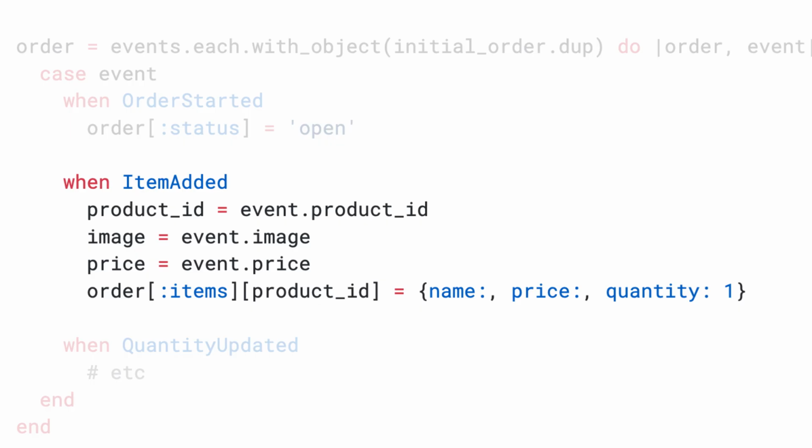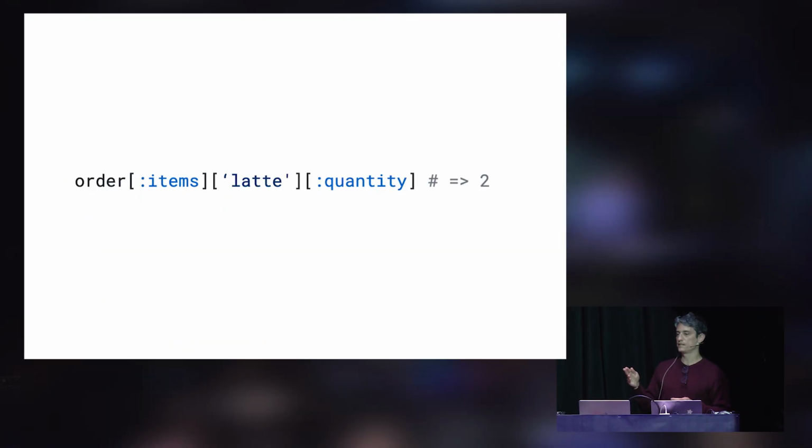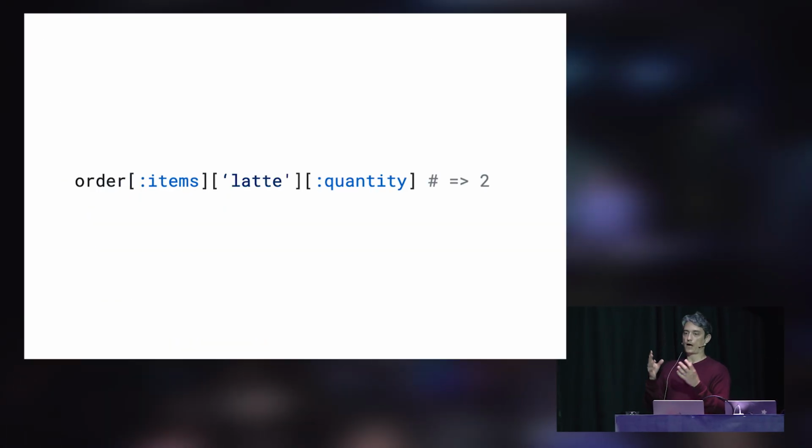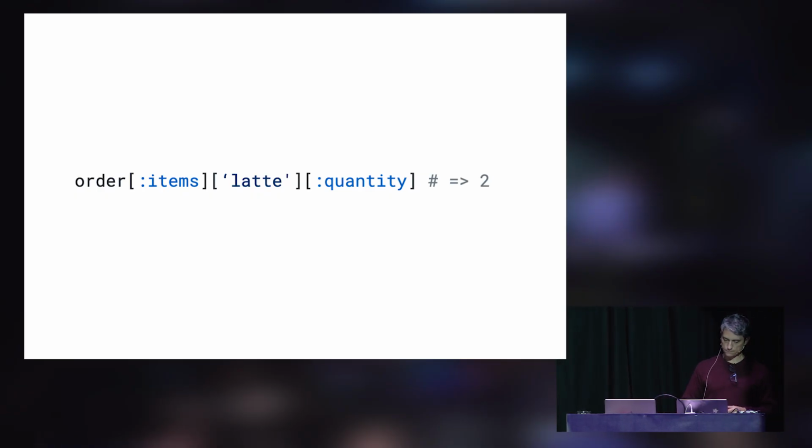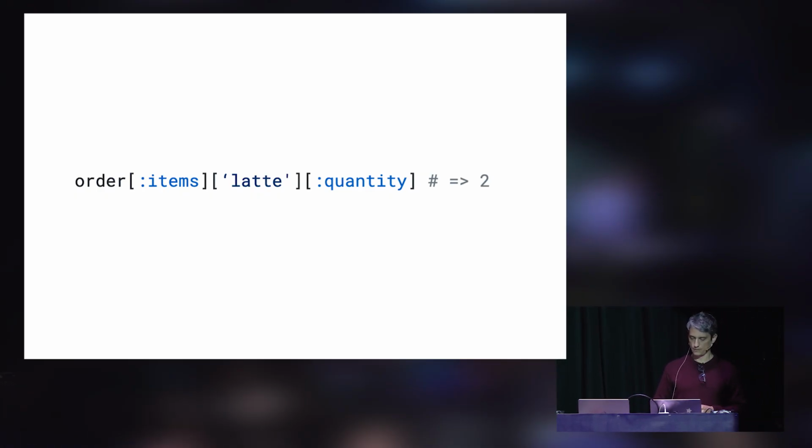If the event is an item added, I grab some attributes from that event and use them to add an item to the order's items hash, and so on and so forth for all events. So when I get to the last event, I now have the current state of that order, which is a hash with an items key, and I have a latte with a quantity of 2, and so on. So that's why it's called event sourcing, because you source the current state of something based on events.